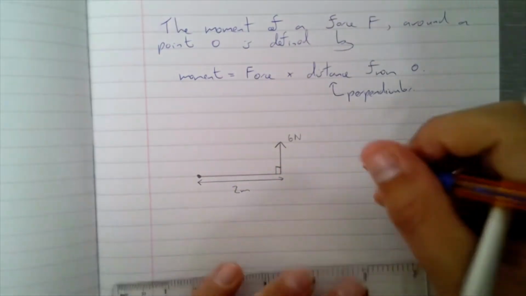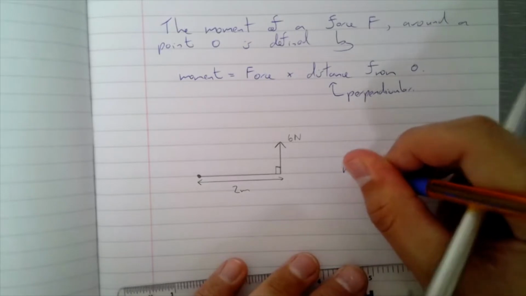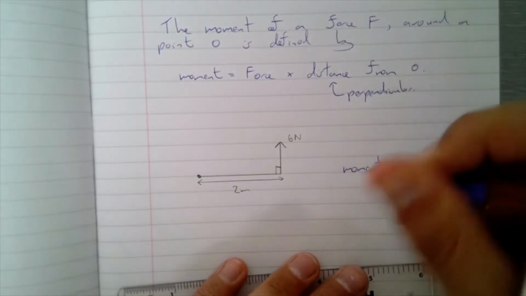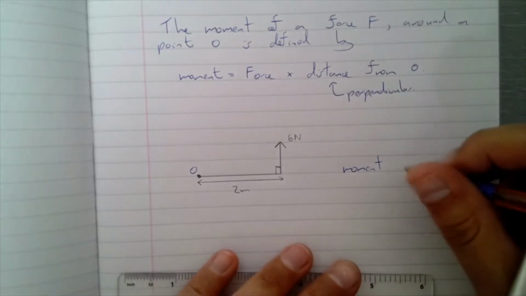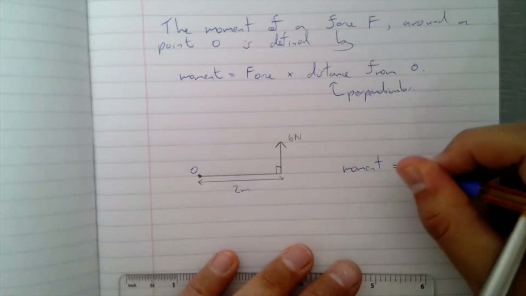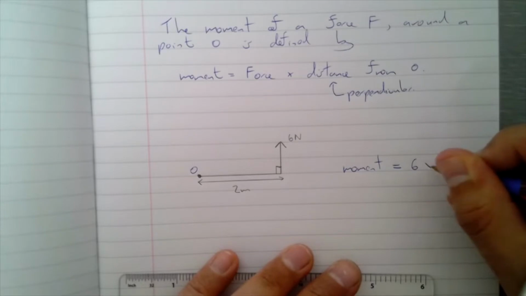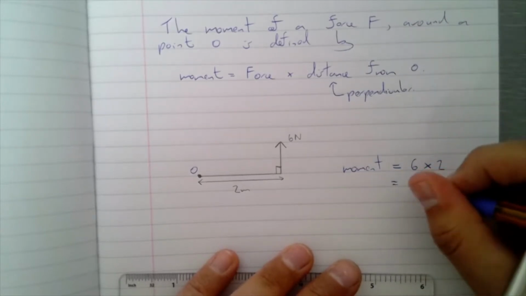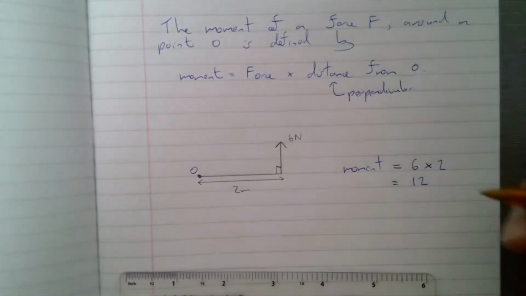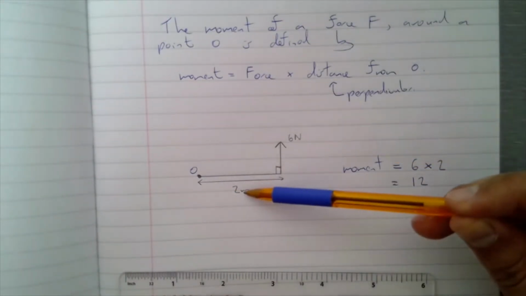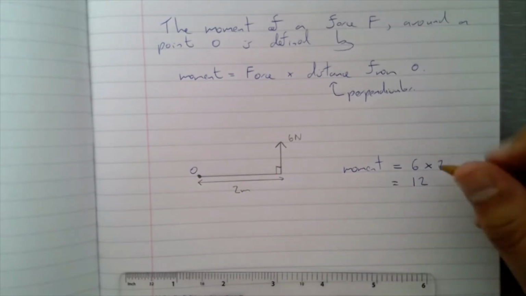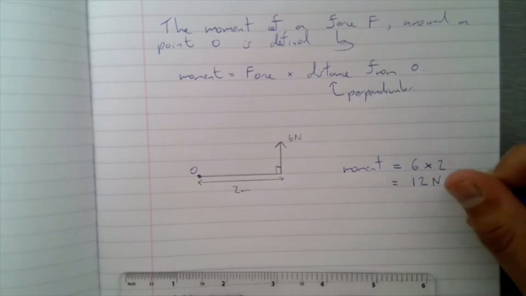Then the moment is equal to 6 times 2, which is 12. And notice that moments are force, newtons, times distance, meters, and so the unit for moments is Newton meters.